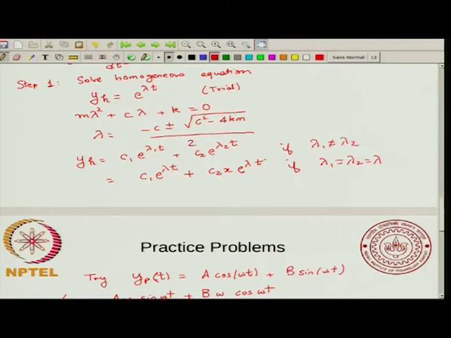So yh had these two possibilities: if lambda 1 is not equal to lambda 2, as above, and if lambda 1 equals lambda 2, then you have e to the lambda t, and the other independent solution is t e to the lambda t.